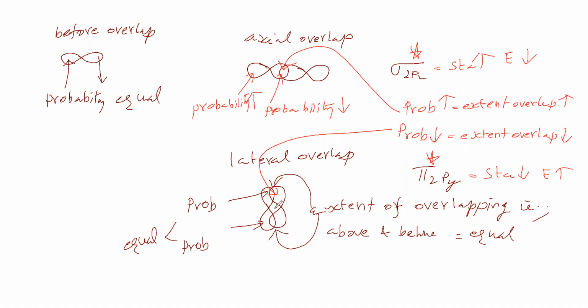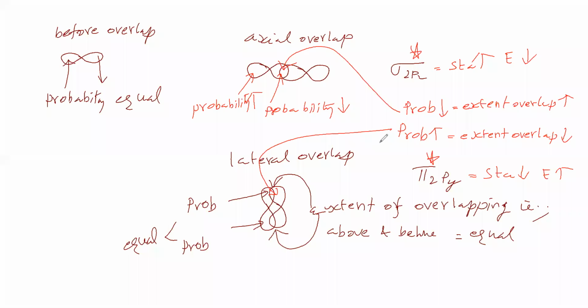Next, here the extent of overlapping above and below will be equal, there is no doubt. Now we will see the probability at the overlapping part in these two cases. Here probability at the overlapping part will be low, here it will be high.